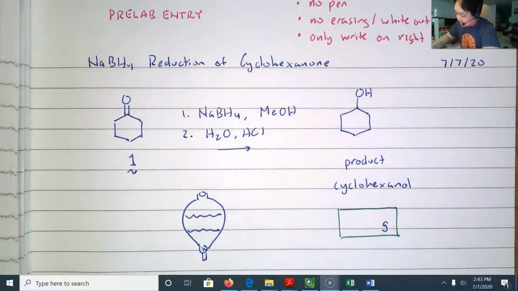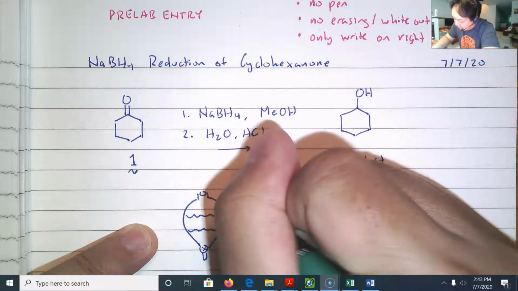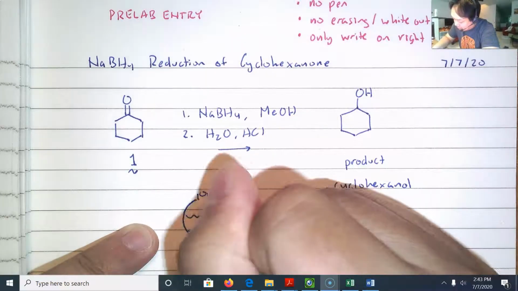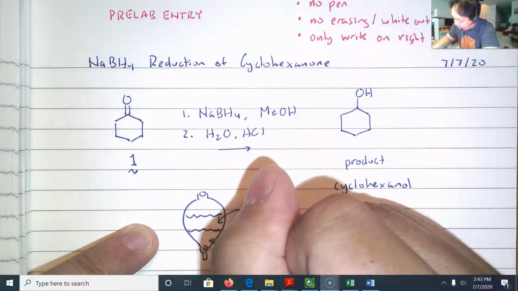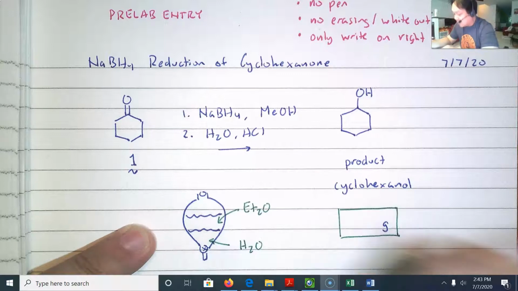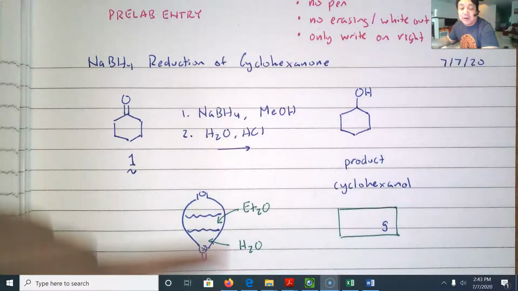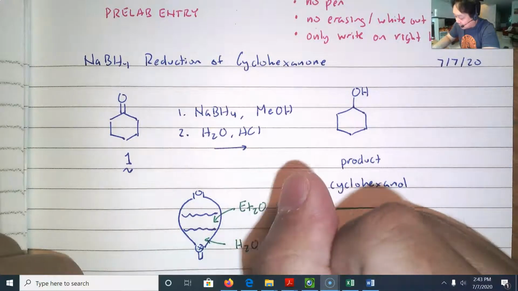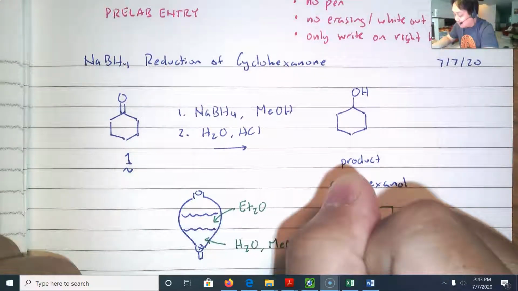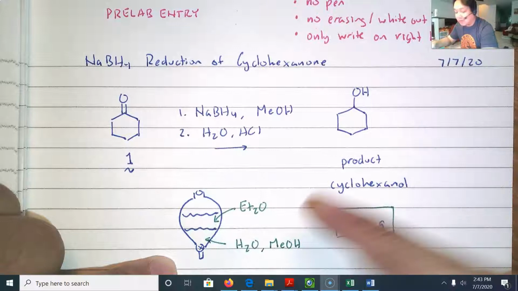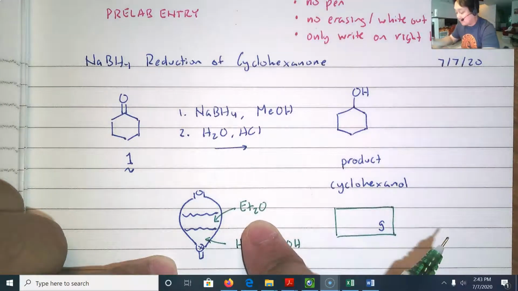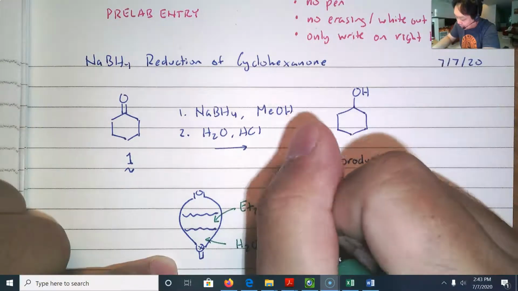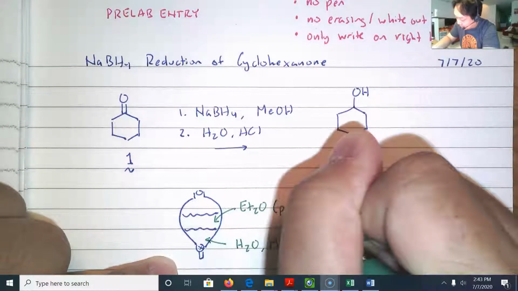So maybe we could say here Et2O, and then this is the aqueous. We could put water. Actually, your methanol is very water soluble. So when you do the extraction, probably, well, we're hoping all of the methanol goes into the water layer. Your product should go into the ether layer. And we could put here product, hopefully.